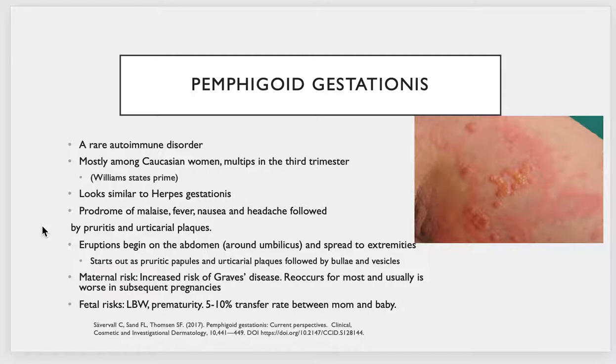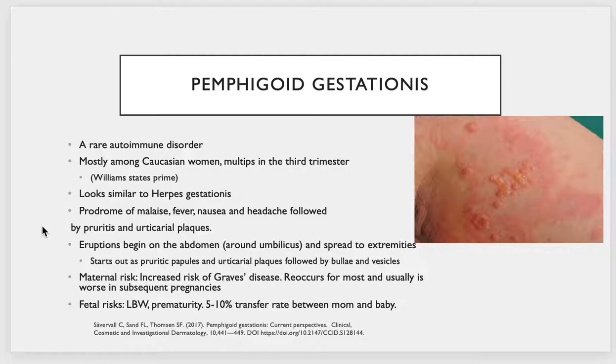The blisters are the last thing that form. If you look around the blisters in the picture, there are these red urticaria plaques, and there are also those little papules. That's what you see first, and then the bullae and the vesicles erupt after that.